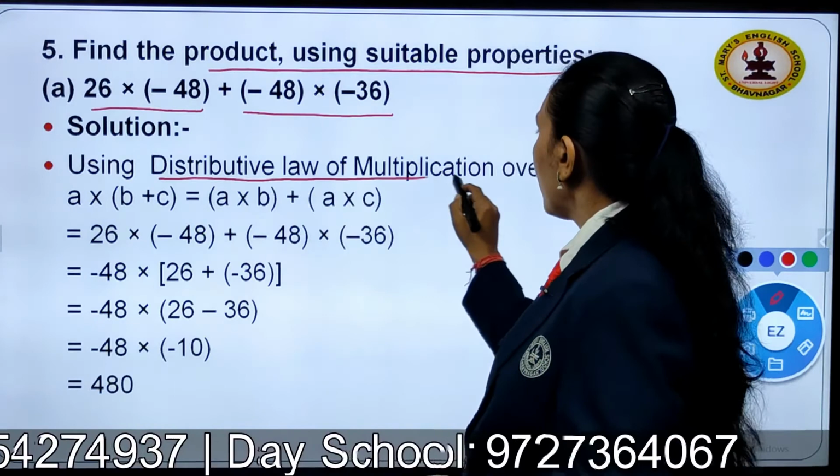So only one thing to remember: whenever you have such a condition, you cannot take one negative and one positive integer as a common number. Both have to be either negative or both positive. I showed you how to change the process, give the sign to the next number, and you can make it positive. Let's see what's next here, children.